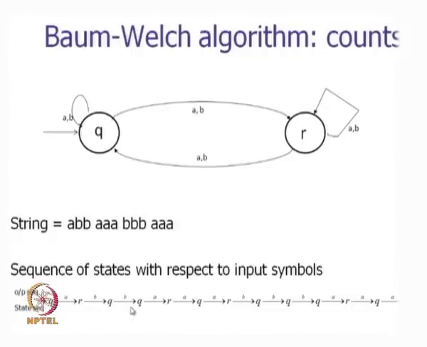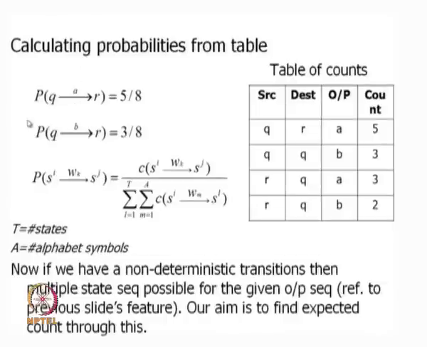And if this is the only state sequence which produced the observation sequence, then we can make a good estimate of the probabilities of transitions and the output symbols just by counting the transitions and the outputs.